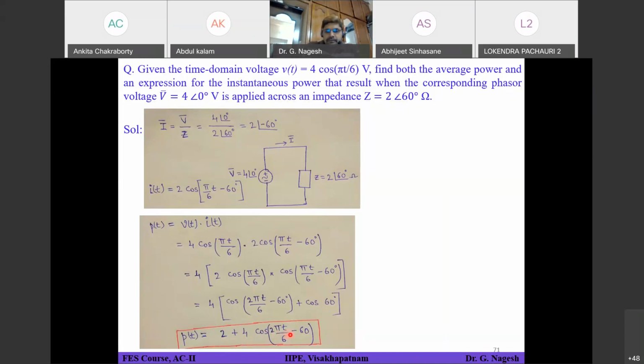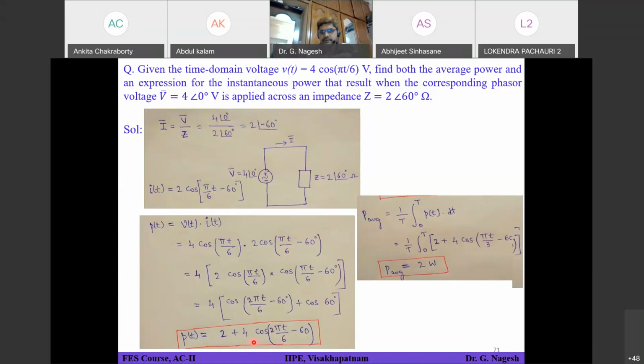After that, you have to calculate the average value of this p of t, which is your average power. We have already seen that a function of time averaged over a period becomes 0. That means the second term becomes 0, and the average value of p of t is only the first term, which is 2 watts.